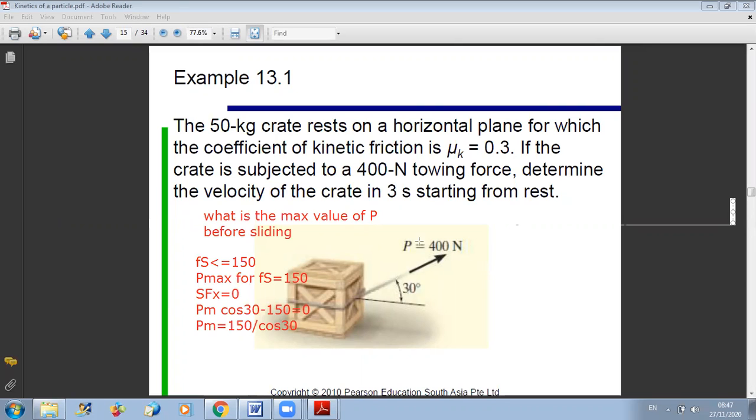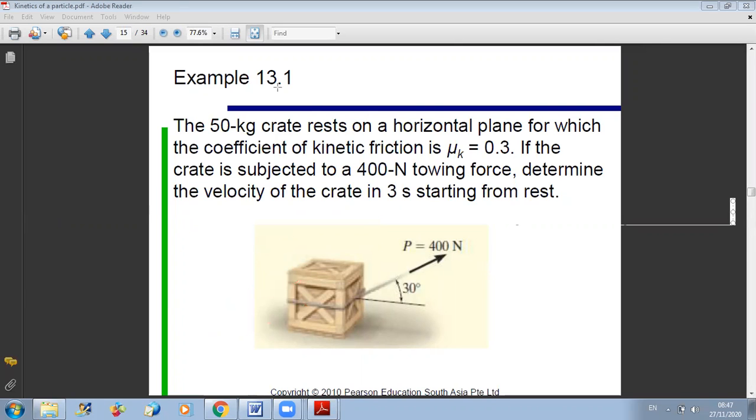Now if I draw the free body diagram of forces on my box, I have the friction, but now it's not F static anymore. It's the kinetic friction, which is equal to mu k times N. So it's equal to one value, not like static friction.